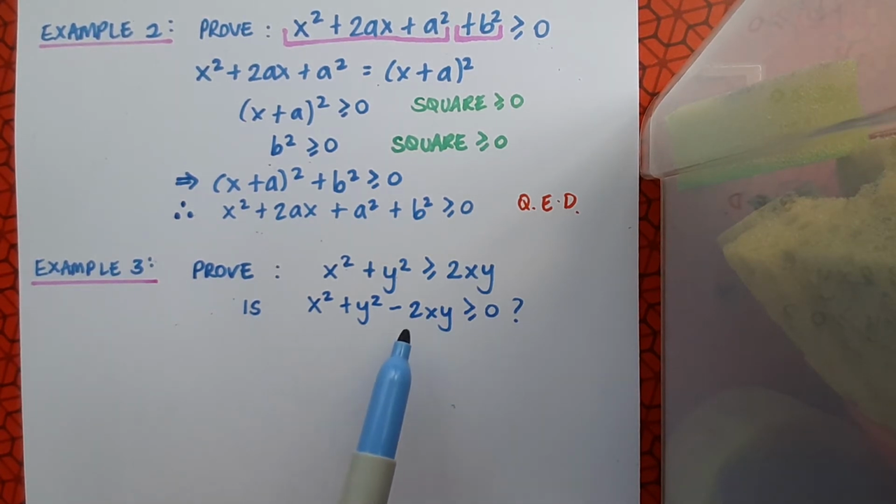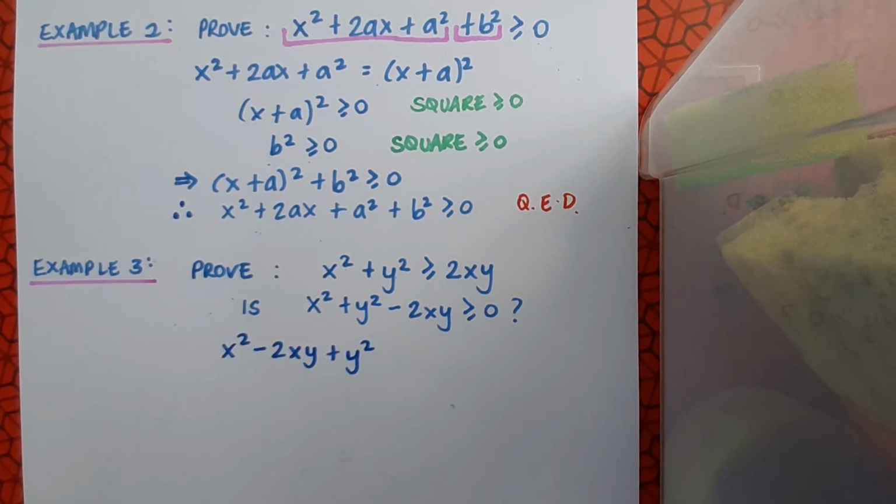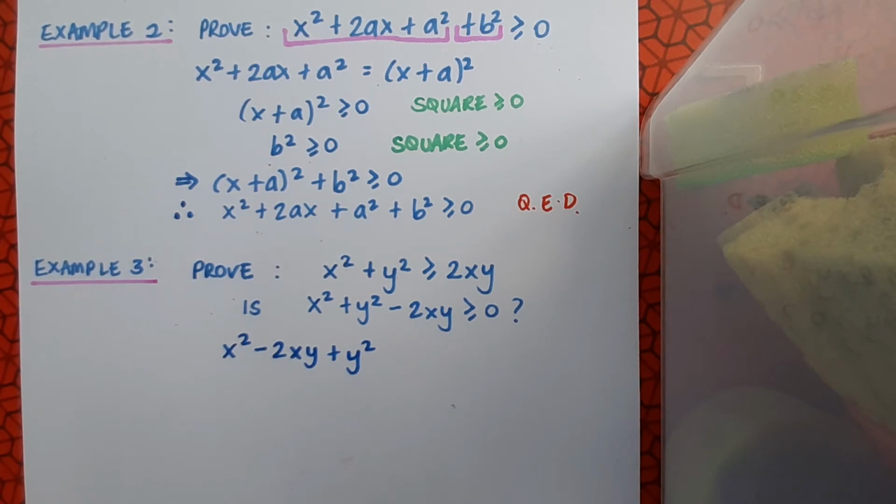x squared plus y squared minus 2xy. I might be more inclined to write that in this order instead: x squared minus 2xy plus y squared. And you might recognize now that this is actually a perfect square. So what would this be if it was written in square form, do you think? So this is actually (x minus y) squared.